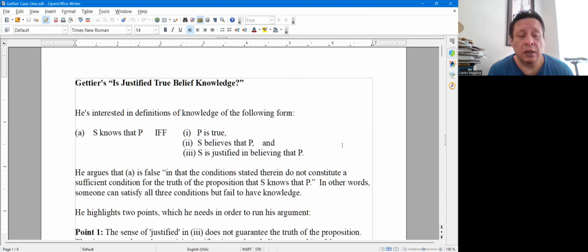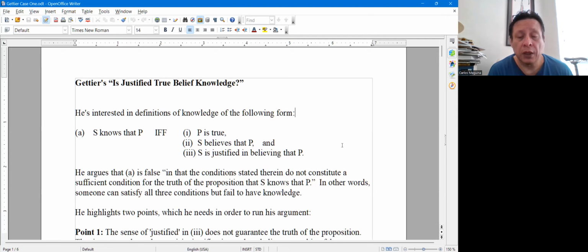Okay, now, his project, his goal, is to show that this definition of knowledge, given by points 1, 2, and 3, does not always constitute a sufficient condition for knowledge, which is to say, somebody can meet all those conditions, yet fail to have knowledge.